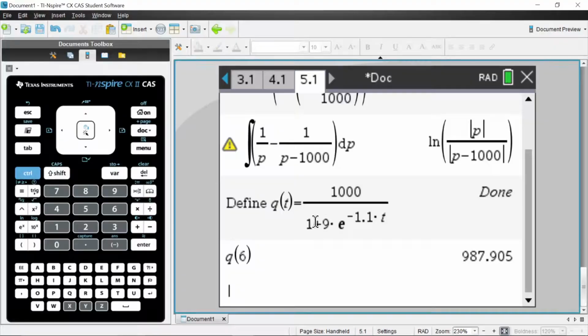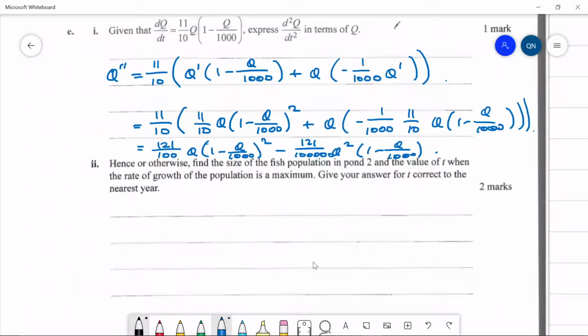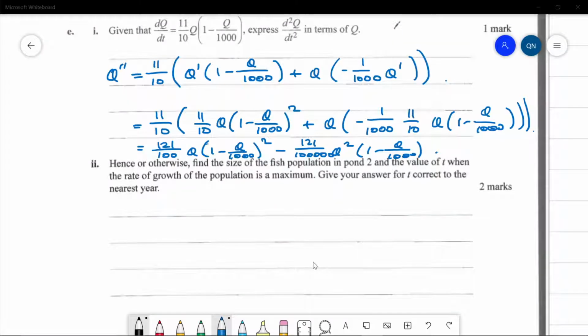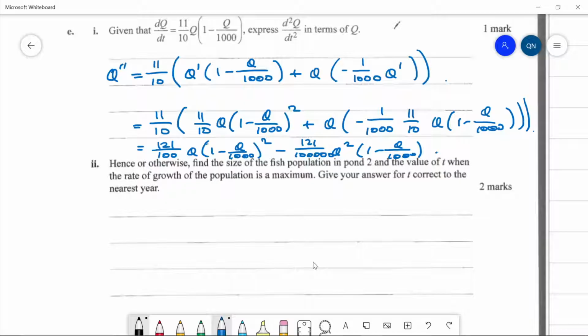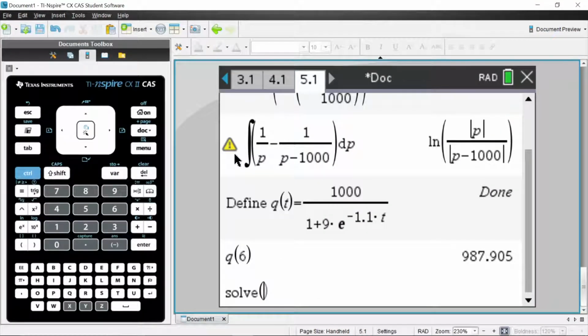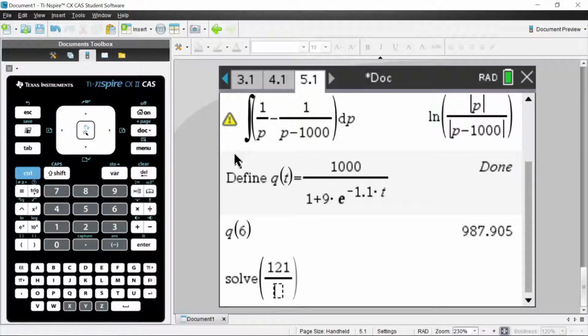So I'm going to define, actually let's just solve when the double derivative is equal to 0. So solve, let's see. We have 121 divided by 100, and then times Q. Let's use a new variable. Let's use y instead.